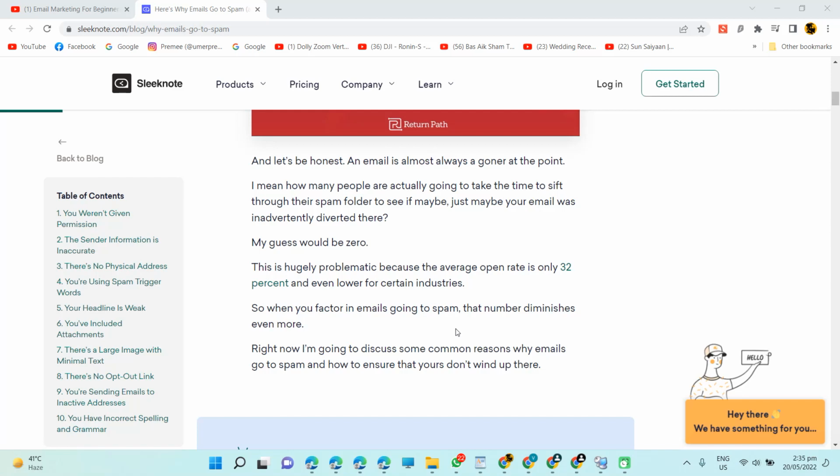My guess would be zero. This is hugely problematic because the average open rate is 32%, and even lower for certain industries. So when you factor in email going to spam, that number diminishes even more.